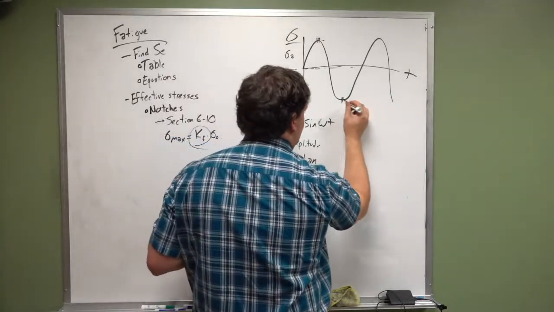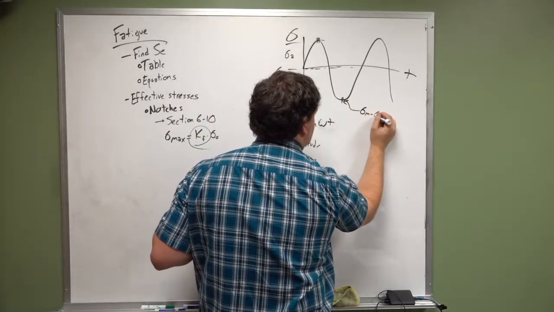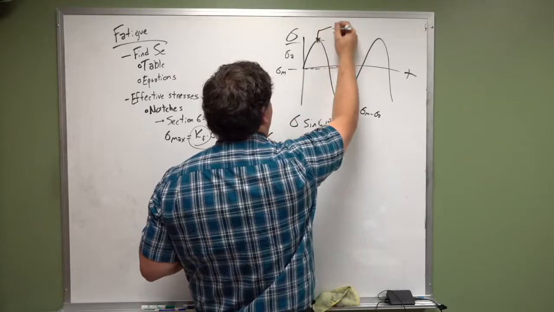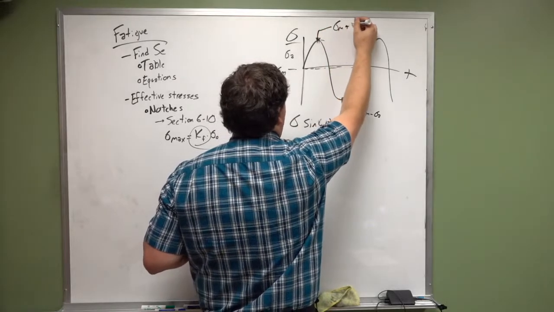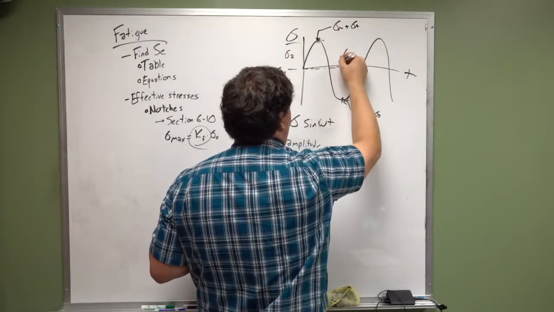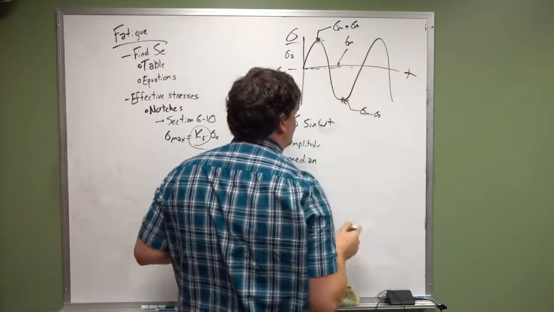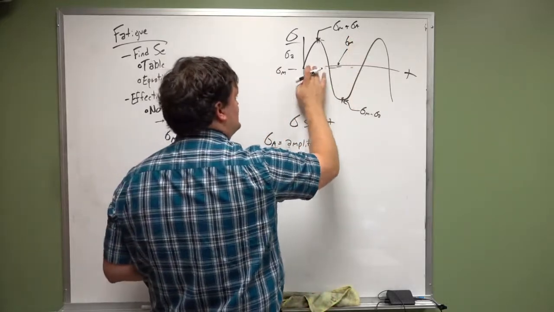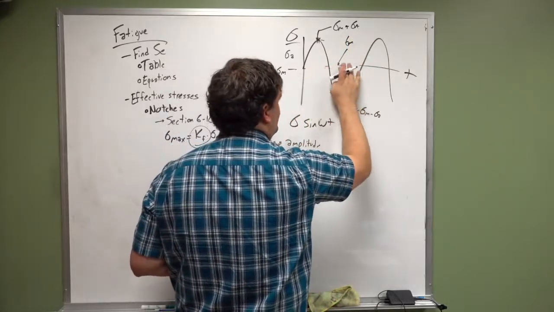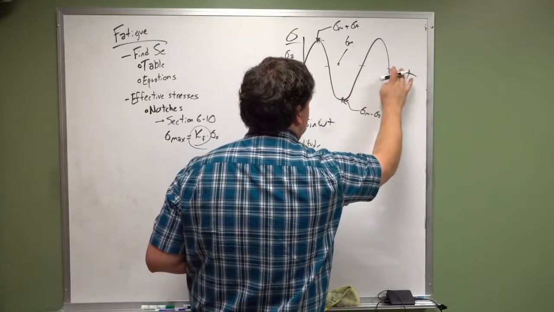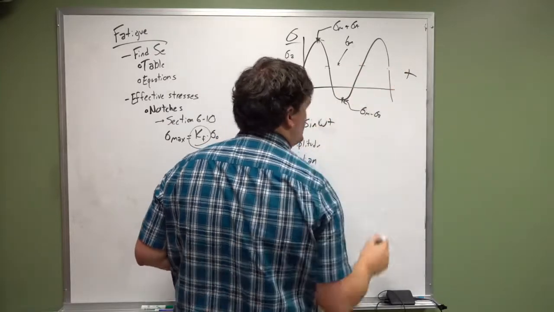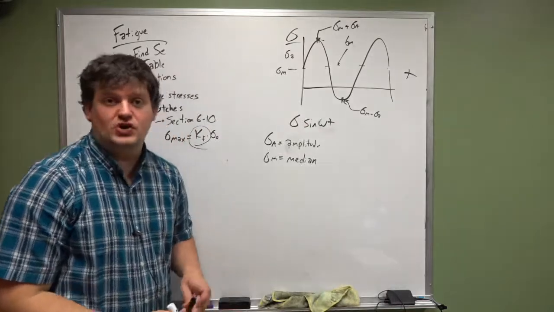Okay, so this value right here is equal to sigma_m minus sigma_a, and this value right here is equal to sigma_m plus sigma_a. And this value right here is sigma_m. Now what this allows us to do is we can now use these definitions to shift where 0 is. It no longer has to fall on 0.